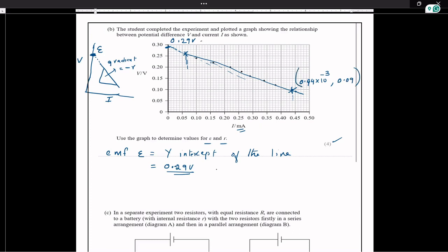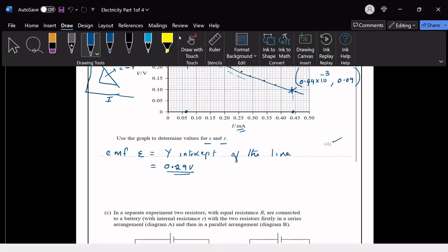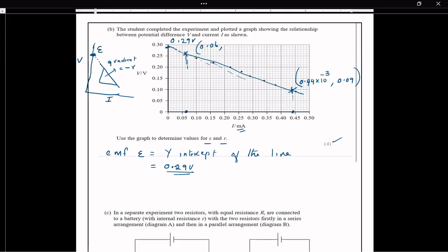Similarly, for this, the x coordinate is maybe 0.06. That means this point, this point, this point, and this point. And the y coordinate for this number is 0.26.